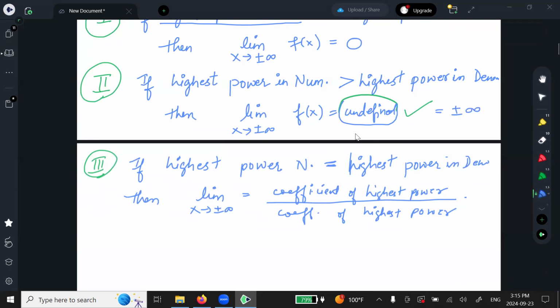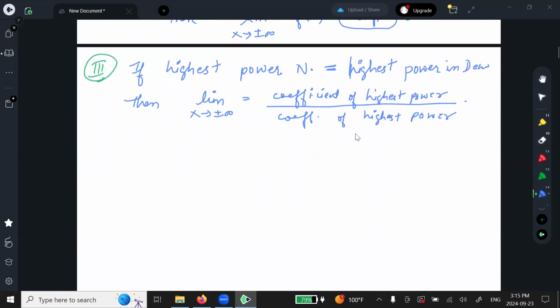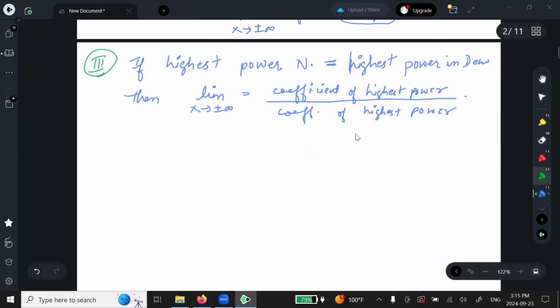You will see if the largest power is squared, then it's positive infinity. But if it's x to the power cube, and the limit is approaching negative infinity, then it's negative infinity. But to avoid that confusion, just say undefined. Okay? In exam, it's fine. Now, I want to do an example here. Any other question? Good question.